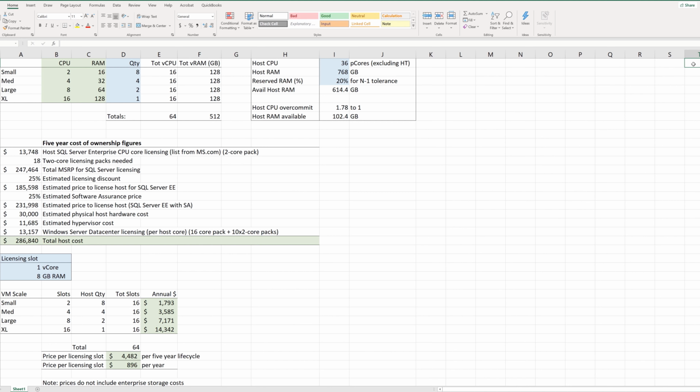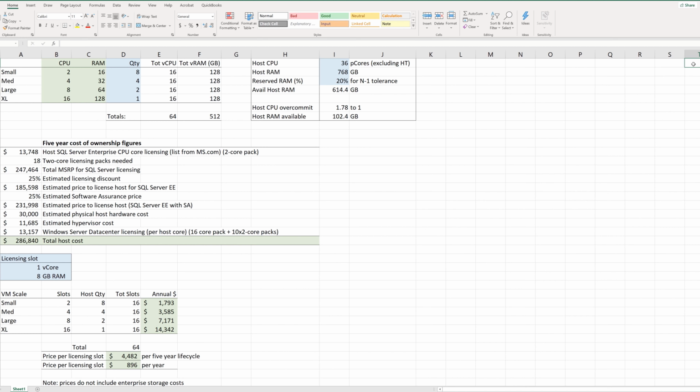Let's take a look at our pricing on this particular host. Using Microsoft's list price for SQL Server Enterprise CPU core licensing direct from their website, it's over $13,000 USD for a 2-core license pack. For physical CPUs on this machine, we'll need 18 of these 2-core packs. That brings us to $247,000 USD estimated licensing cost.